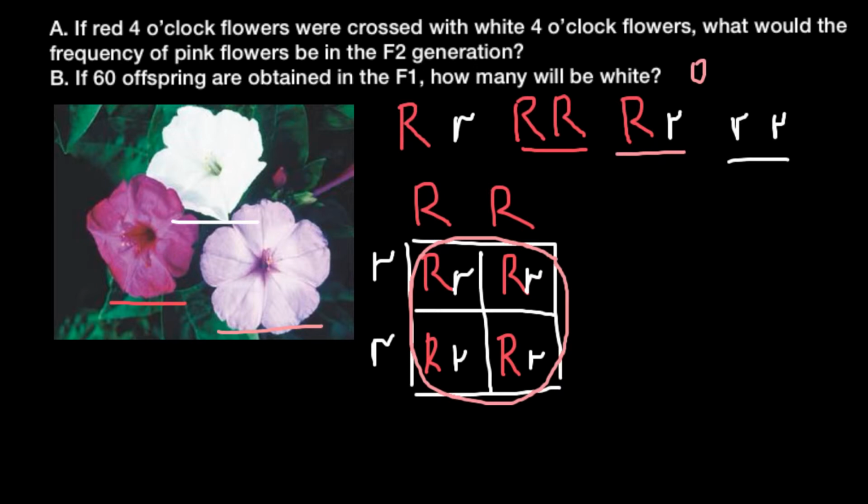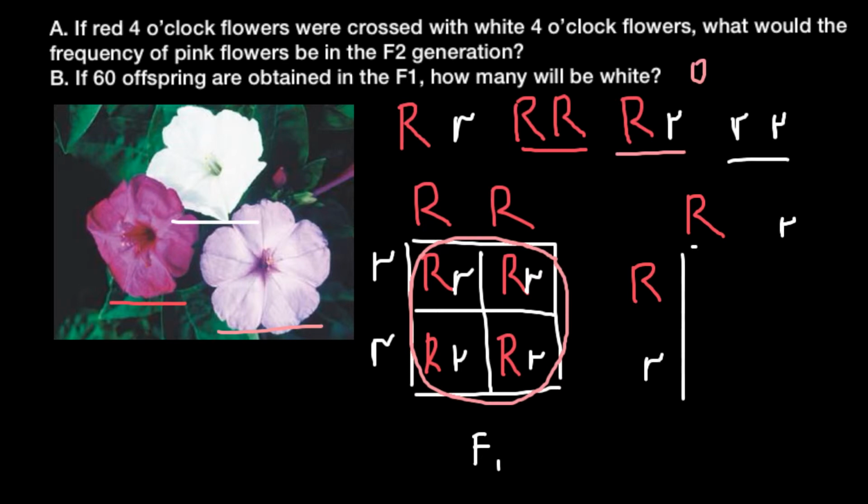If we cross two parents with red flowers and with white flowers, what would be the frequency of the pink flowers in the F2 generation? Once again, this was the F1 generation, and now in order to obtain the F2 generation, we have to cross two parents from this F1 generation. So we cross genotype capital R small r with the same genotype, capital R small r.